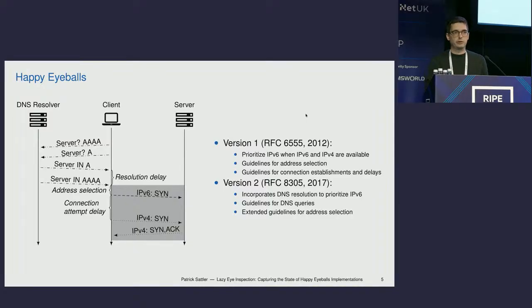The AAAA query should be sent first, and then the A query. If the A response is received first, then the client should wait, for something called a resolution delay, to see if the AAAA response arrives. Only if it does not arrive within this resolution delay does it fall back to IPv4.